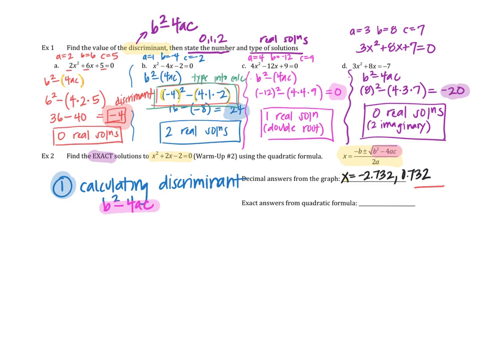So b is 2, a is 1, c is negative 2. Remember, you can type it in your calculator exactly as you see it there. When I do that, I'm going to get 4 plus 8, which is going to be 12. And so I get a discriminant of 12.